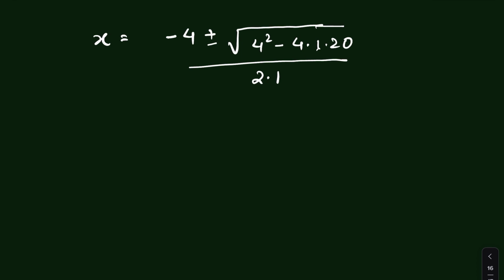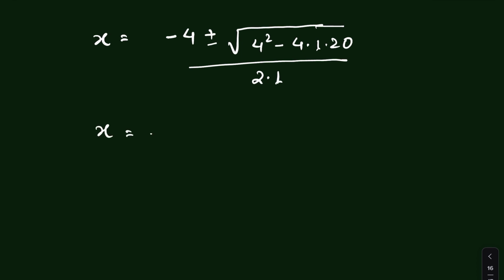So x is equal to minus 4 plus or minus the square root of 4 square minus 4 times a, which is 1, times c, which is 20, upon 2 times 1.